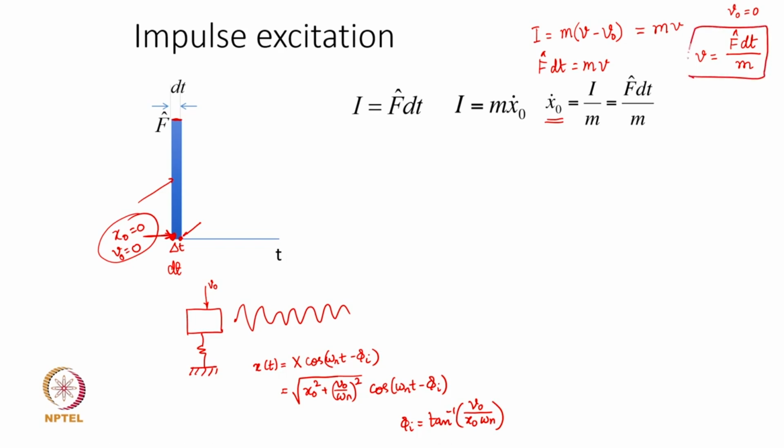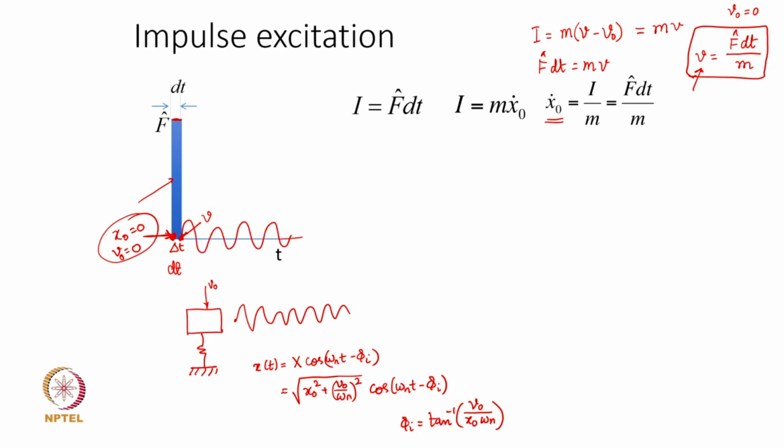So, by application of an impulse of the value f cap dt, the velocity exactly at the end of this impulse, in a very small fraction of time, changes to v, which is given here. Now, this itself I can treat as the initial condition to figure out what should be my response after the impulse ends.